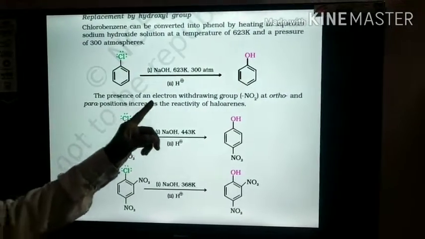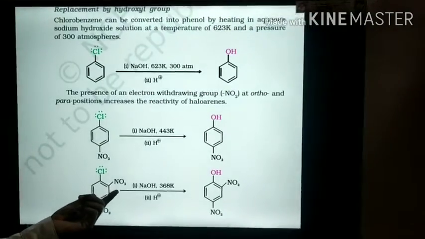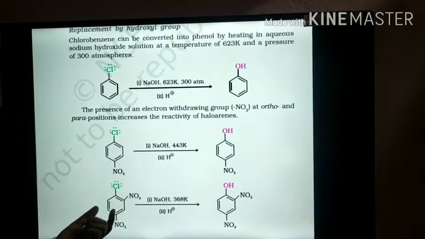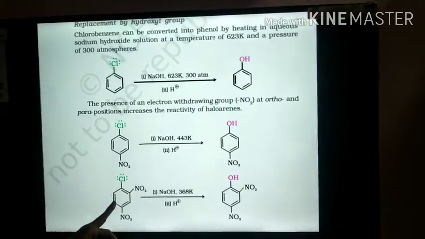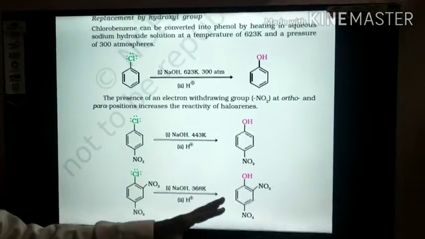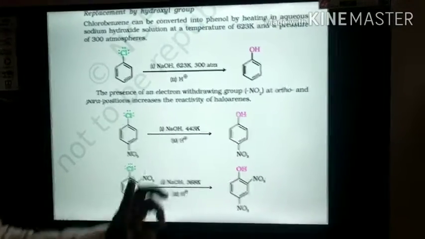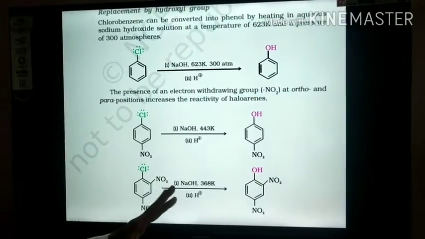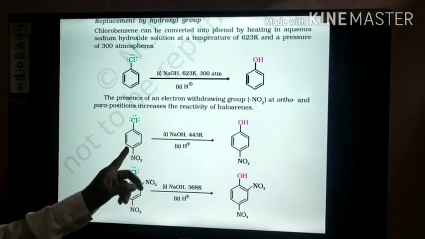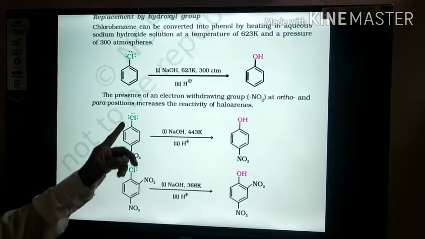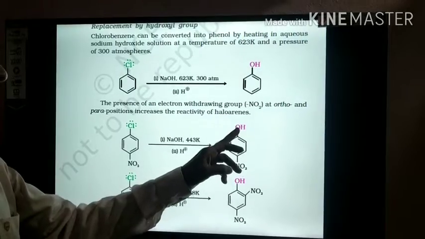And again, in the presence of an electron withdrawing group, that is the NO2 group, which is attached at the ortho and para positions, the reactivity of haloarenes increases. So this is the ortho position, this is the para position.